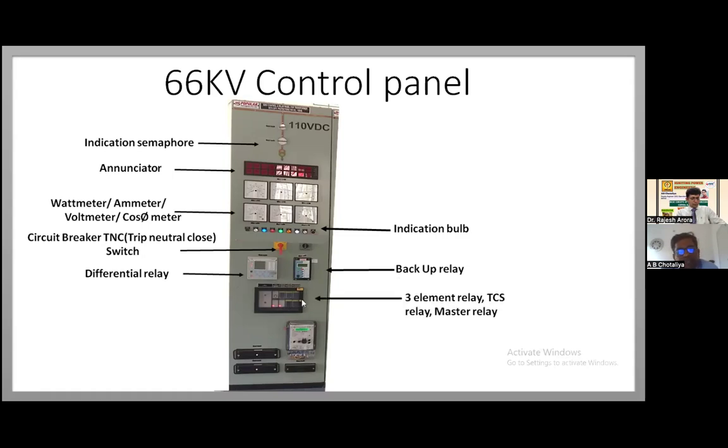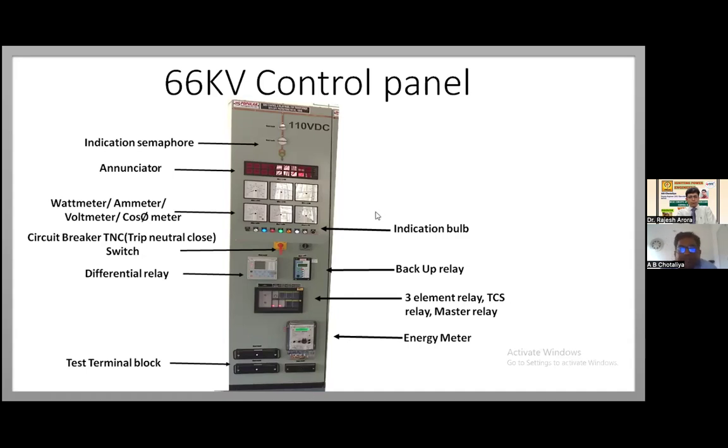Then some other relays like the three element relay, which is called auxiliary relays, then TCS relays, the trip circuit supervision relay, and a master relay. Then test terminal blocks, which are used to test some things like the energy meter or relays, and one energy meter, that is the kWh meter, which will measure the power transfer.